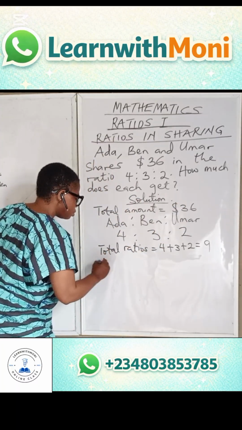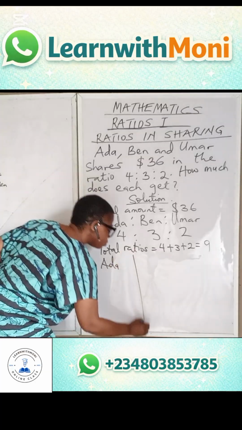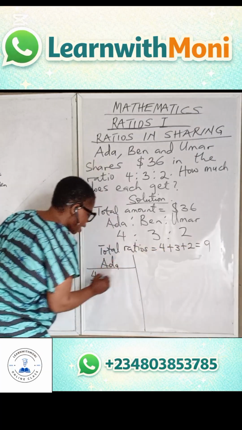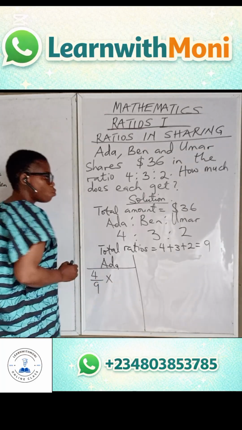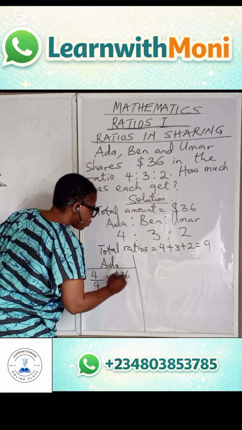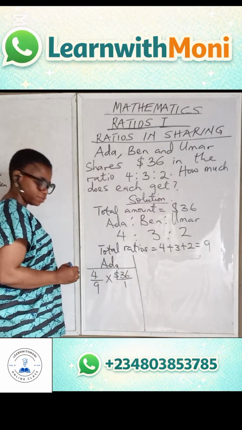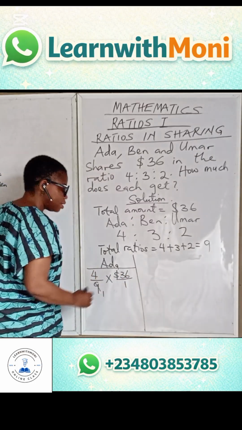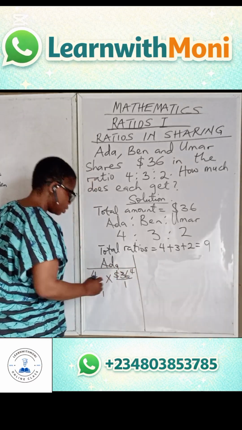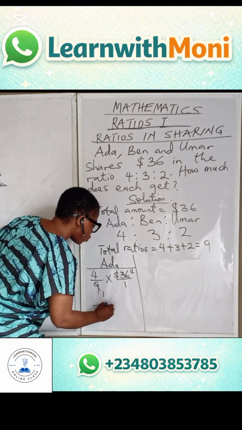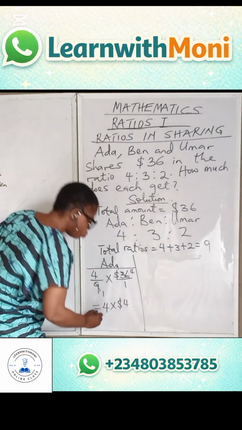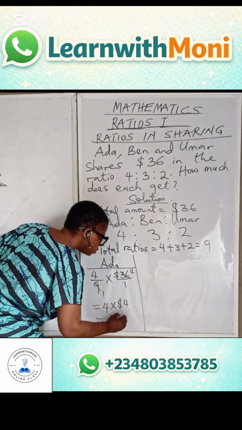Let's see. For Ada, she's taking 4 parts out of 9 parts of $36. 4 over 9 of $36. 9 divides 9, 9 divides 36 4 times. And that is equal to 4 times $4, which is equal to $16.